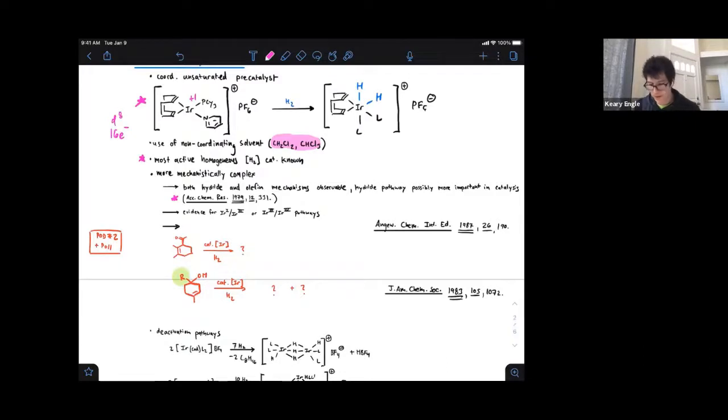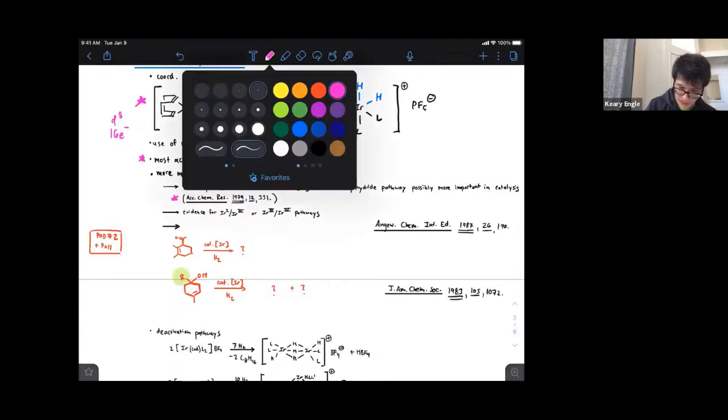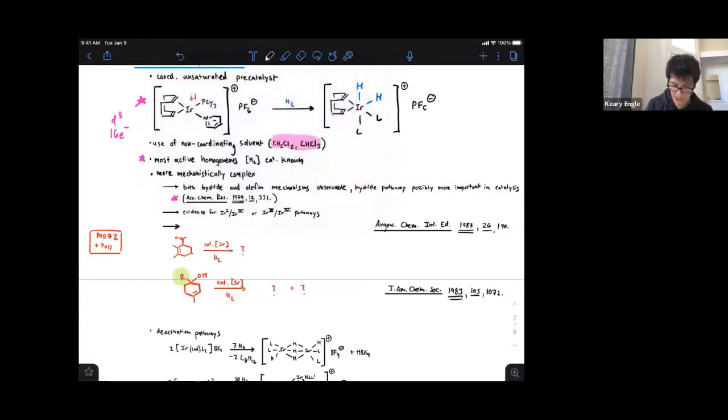I think the consensus at the moment is that the hydride pathway is more responsible for catalysis. There's also some ambiguity surrounding the oxidation state, whether it's a 1,3 redox couple or a 3,5 redox couple. I won't go into those details in the interest of time.